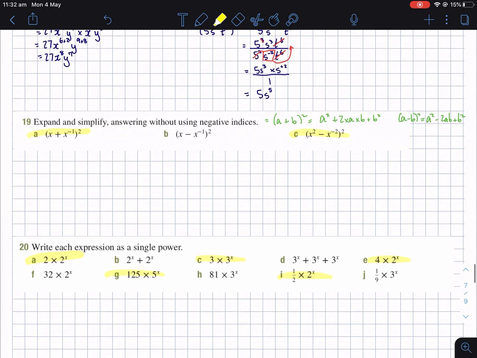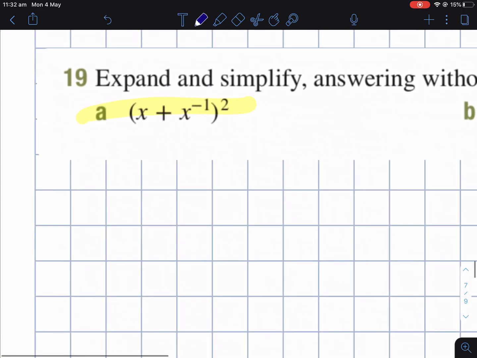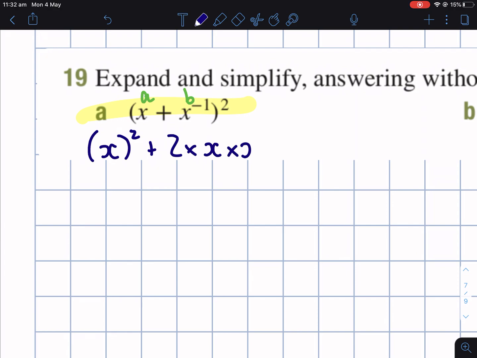Okay. So for this one, we're going to have the first one squared. So this is my A and this is my B. Plus 2 times the first one times the second one plus the second one squared.